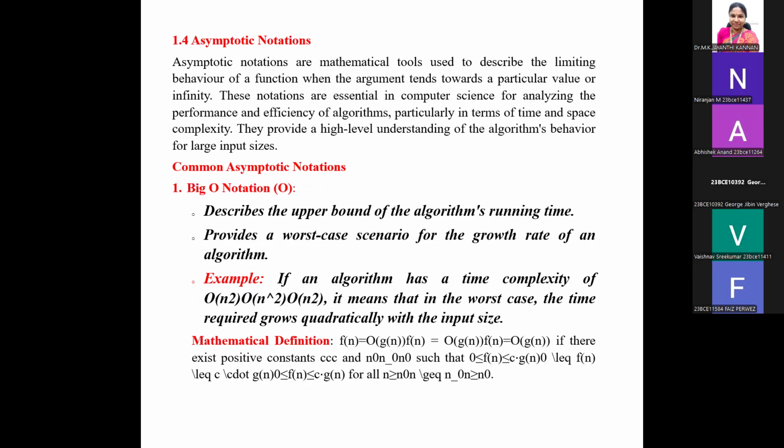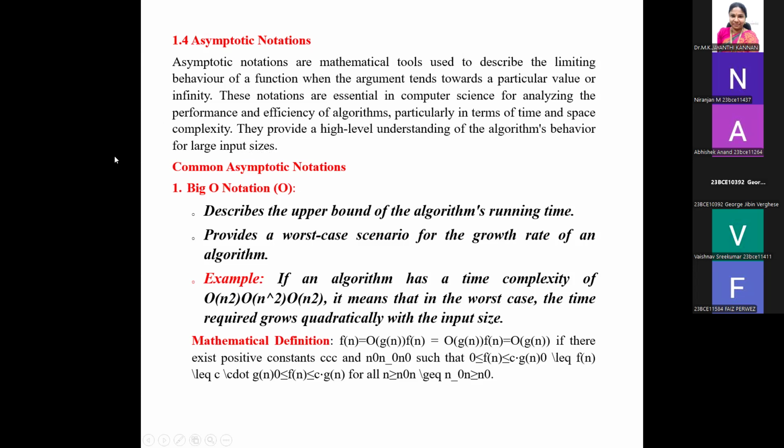The mathematical formula we are creating for the particular algorithm is based on the various parameters: the minimum value, maximum value, as well as the average condition. Those notations are essential in computer science for analyzing the performance and efficiency of algorithms. The asymptotic notations, particularly in terms of time and space complexity, are used to represent the algorithm's performance. They provide a high-level understanding of the algorithm's behavior for large input size.